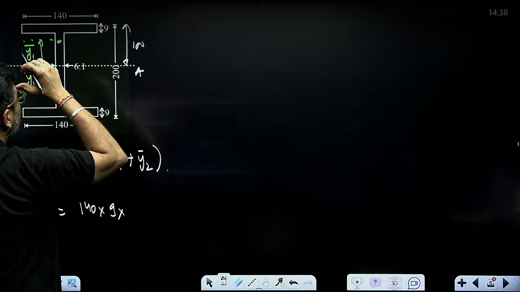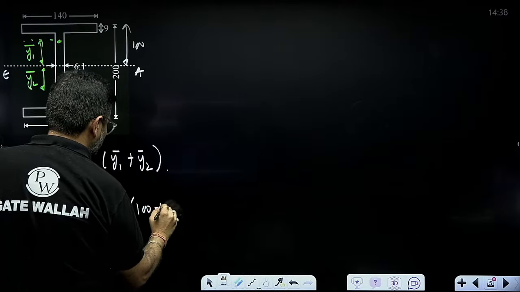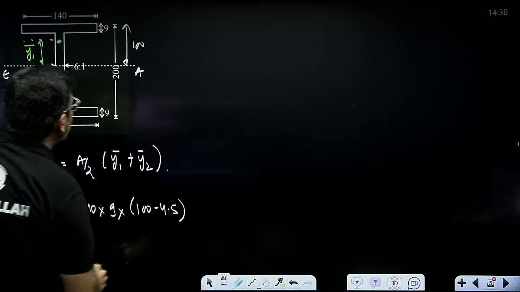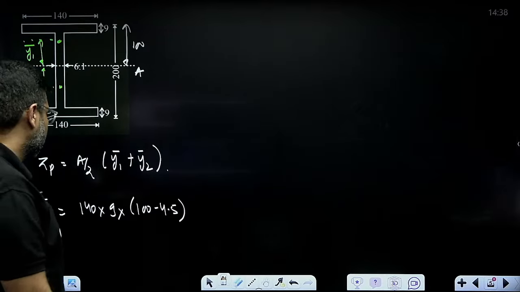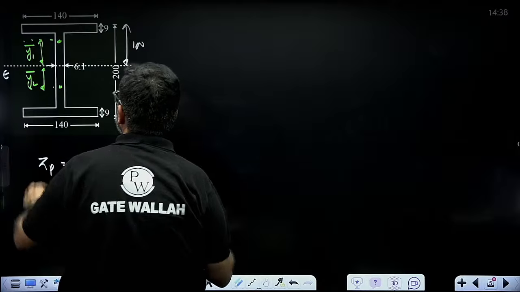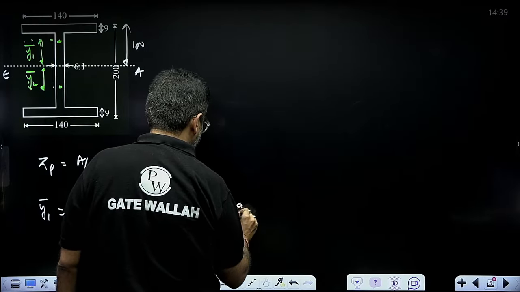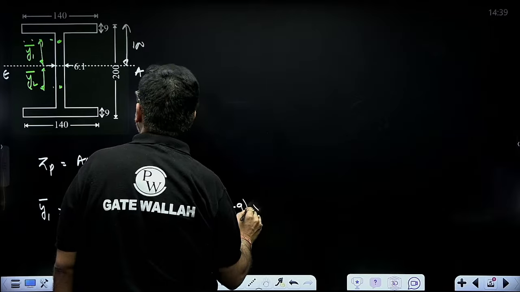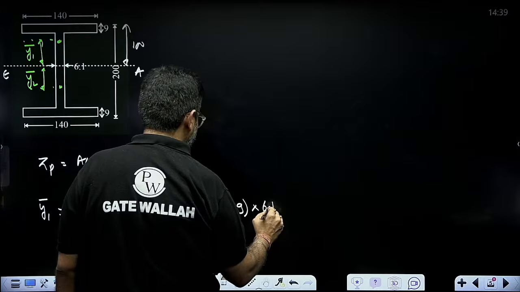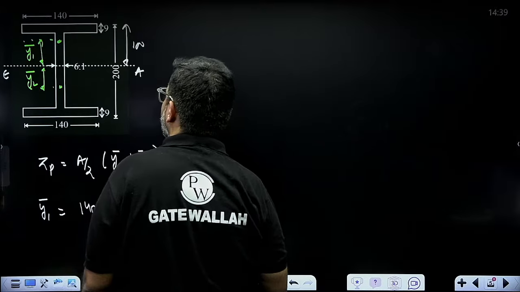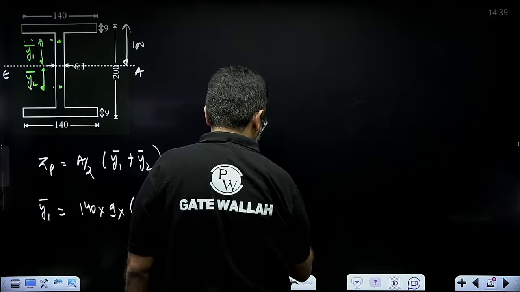CG of this area will be 100 minus 4.5, because 9 mm is the thickness of this section, plus 100 minus 9 into 6.1 into 100 minus 9 by 2.